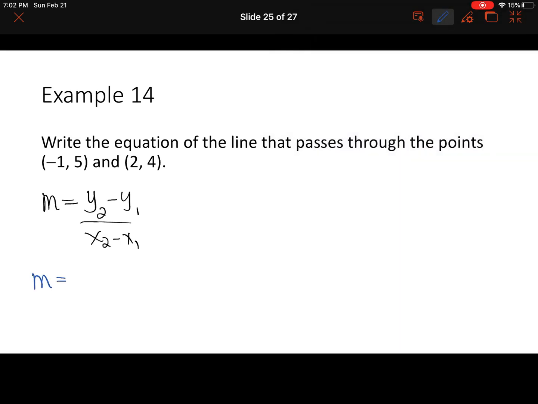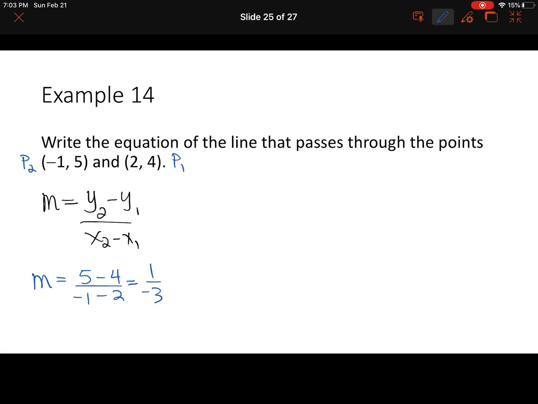I have m equals the change in y values, 1 minus 4, over the change in the x values, -1 minus 2. Again, make sure you know which point you choose to be point 1 and point 2. For me, this was point 2, this was point 1. We have 1 over -3.